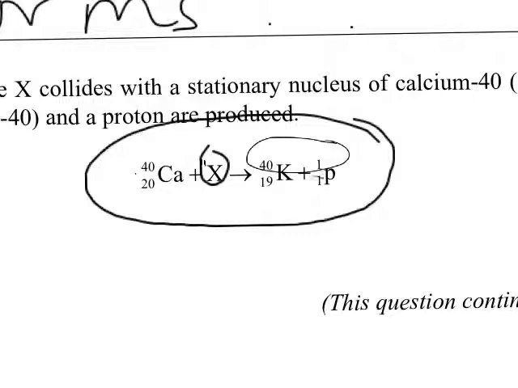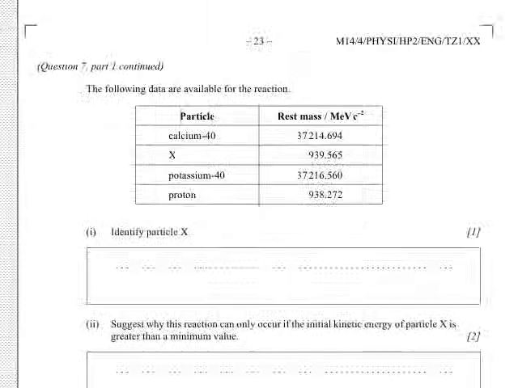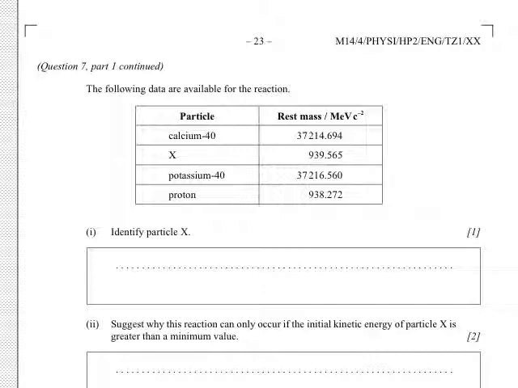And we have a total here of 20, so we must have 0. Okay, because that's 20. So the only thing that will give us this kind of atomic arrangement is a neutron. So the answer to this one would be neutron.